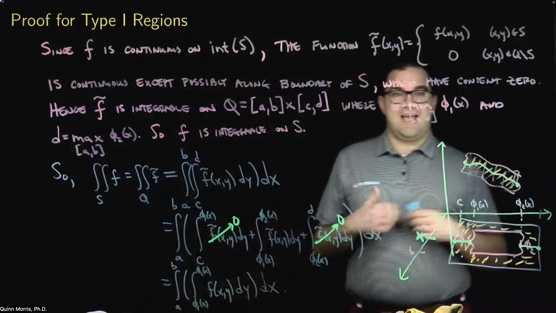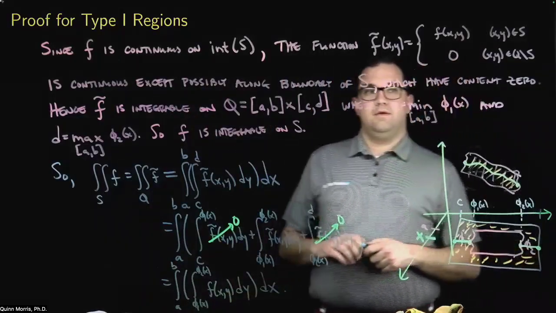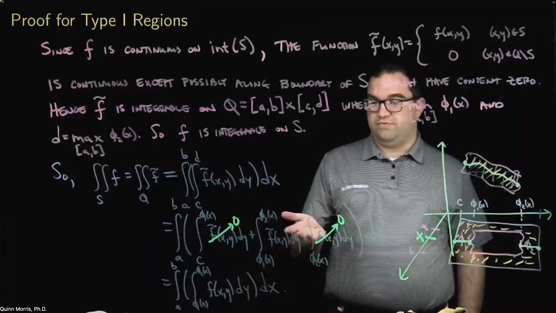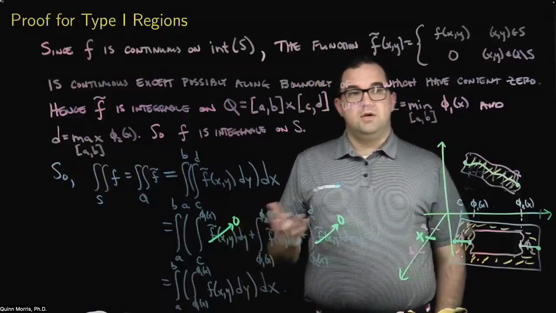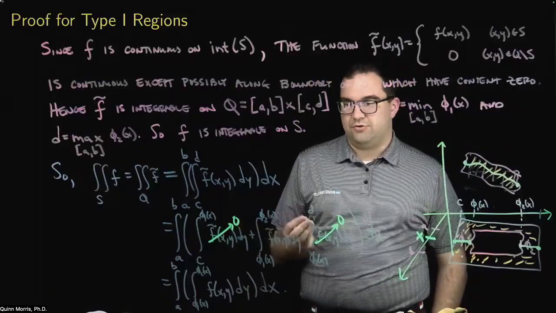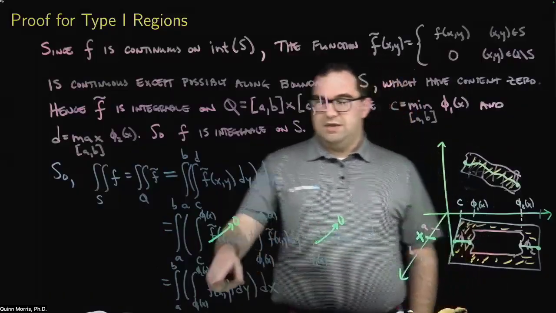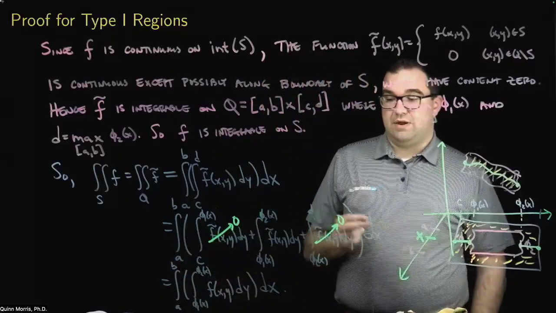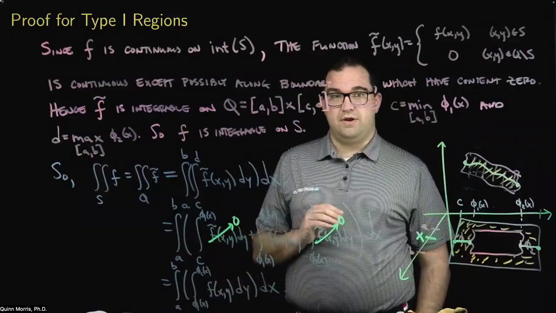And note that that's exactly the formula that we wanted in order to prove this iterated integration theorem. So again, this is very much like the iterated integration theorem for rectangles. It's just that now some of the bounds are no longer constants. They are functions of the other variable.